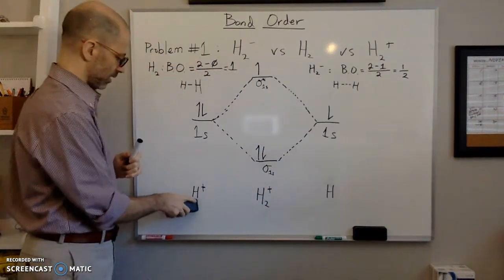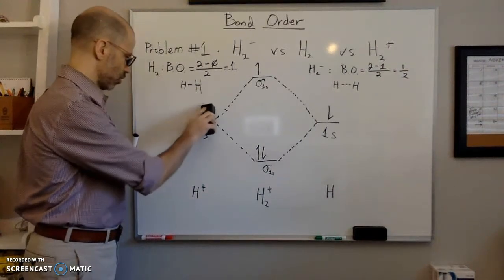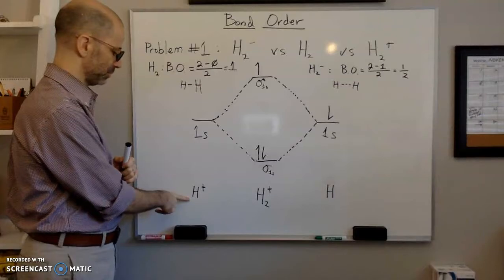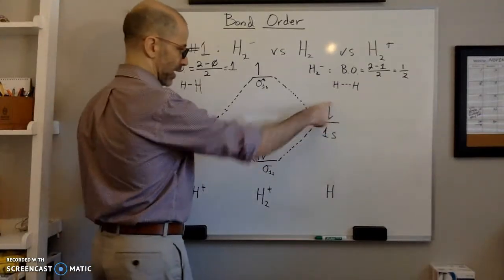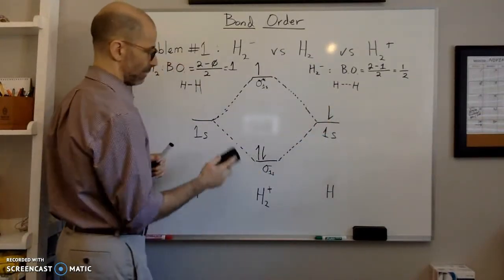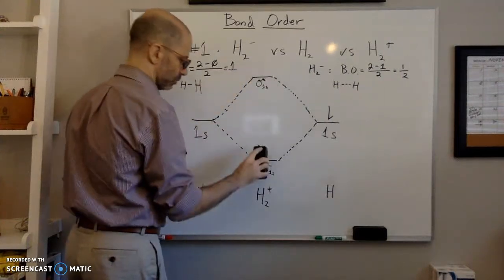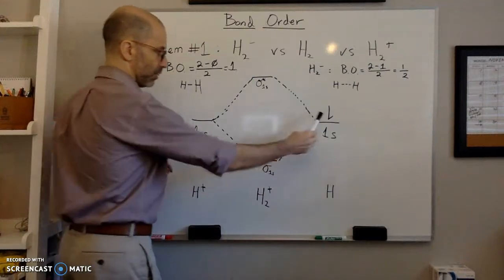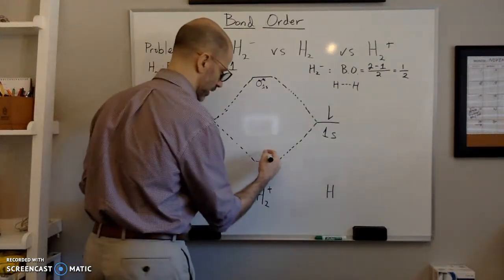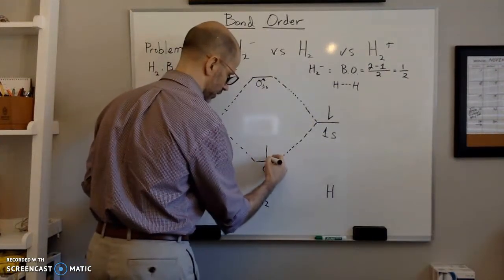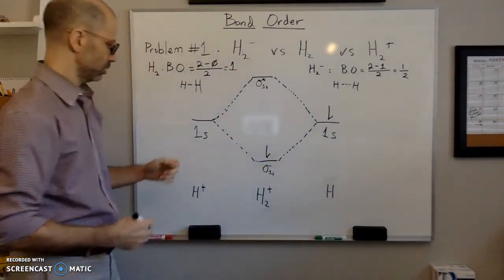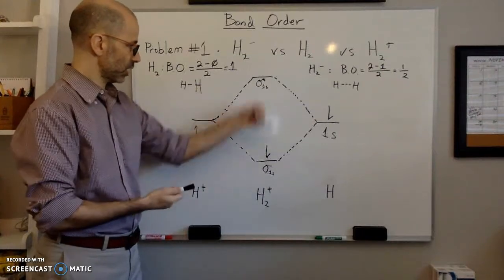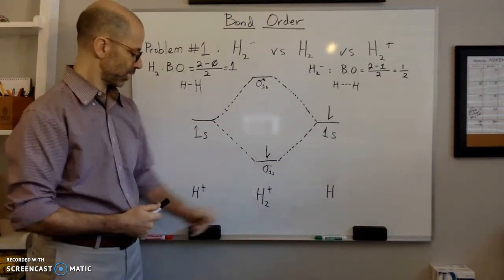That means that H plus has no electrons, so there's no electrons for this hydrogen atom, and this hydrogen atom has 1 electron. So when we fill in our molecular orbital diagram, this electron comes down here. We're only going to have 1 electron, right? So this electron is the only one there. So this is our orbital diagram for H2 plus.